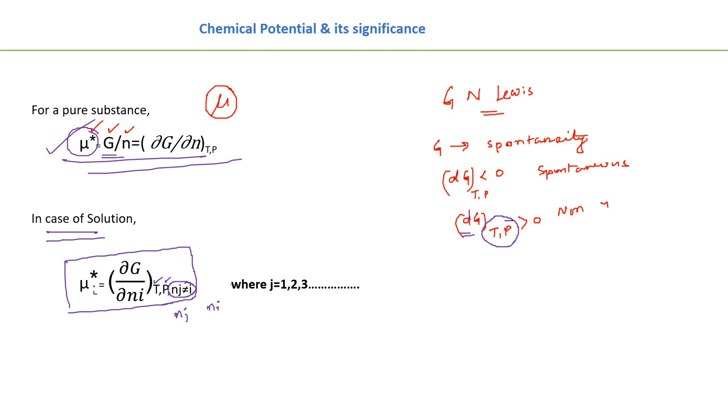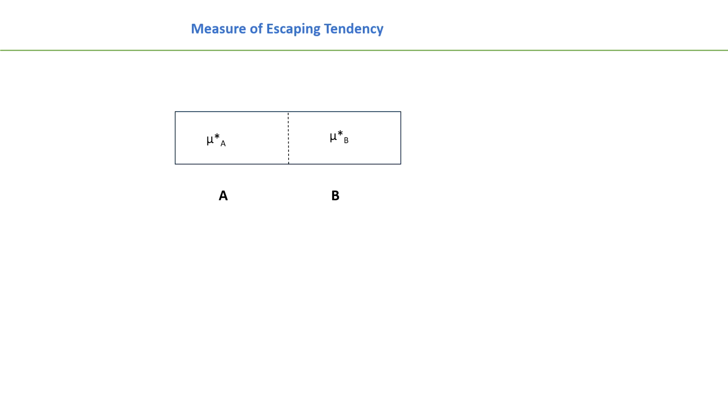So when we are measuring the chemical potential of the ith component, the number of moles of the jth component should be constant and this should not be equal. Okay, so this is the concept of partial molar Gibbs free energy to represent chemical potential of a solution.